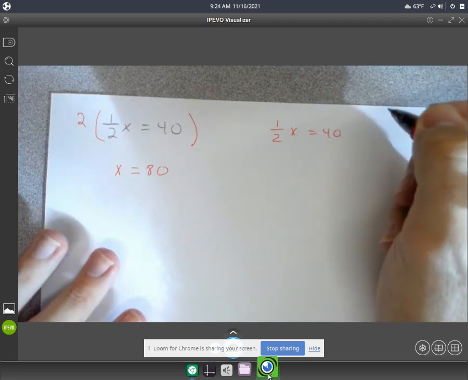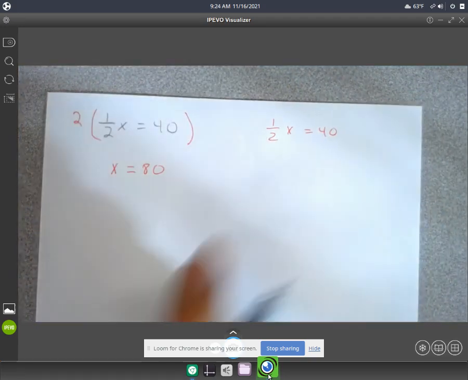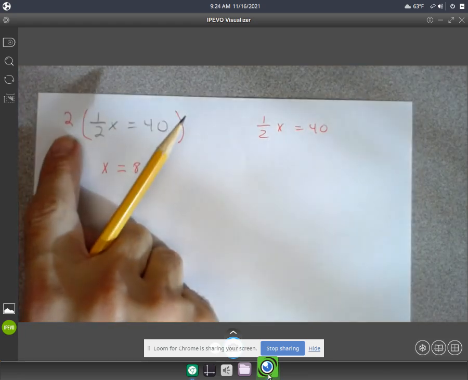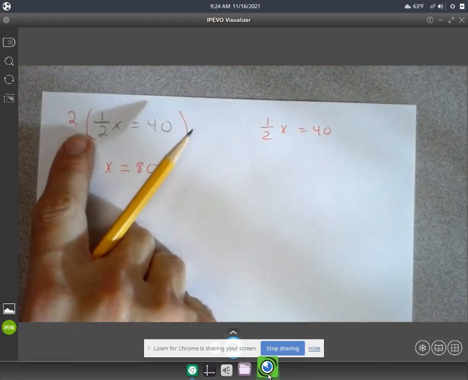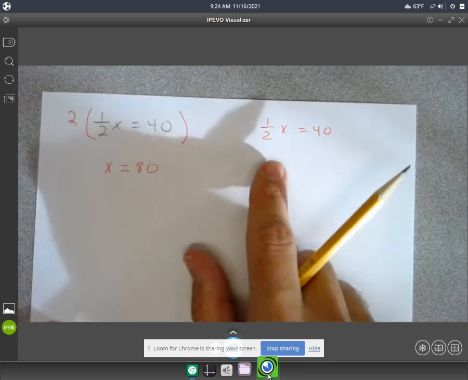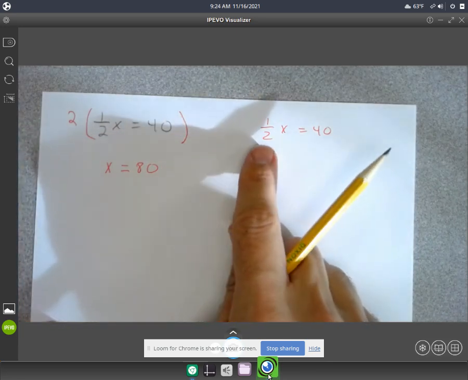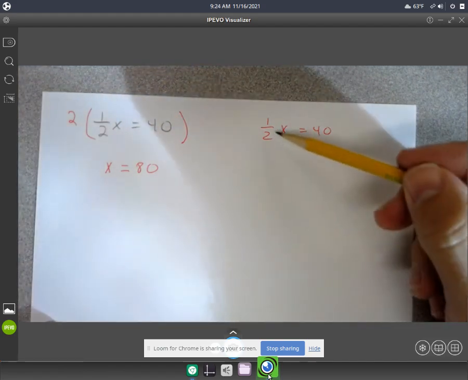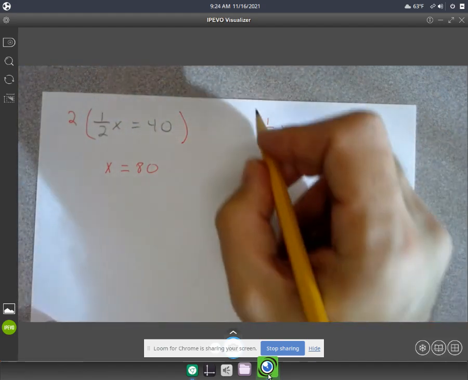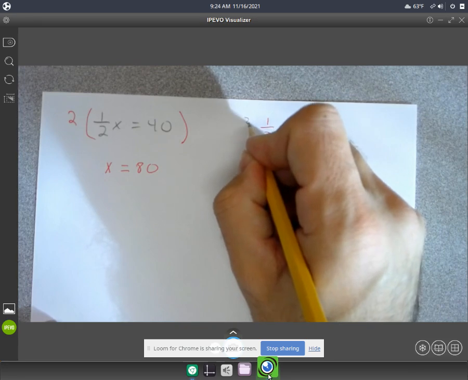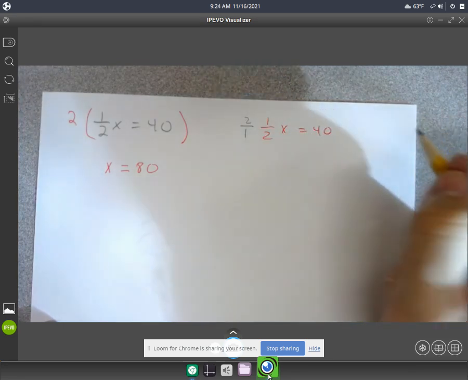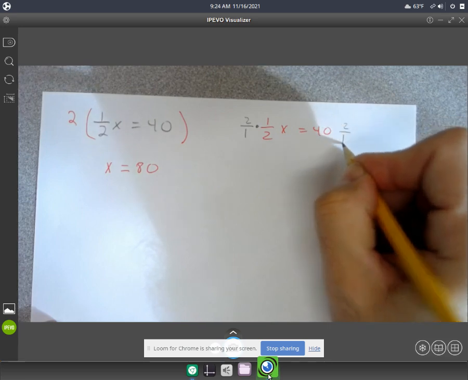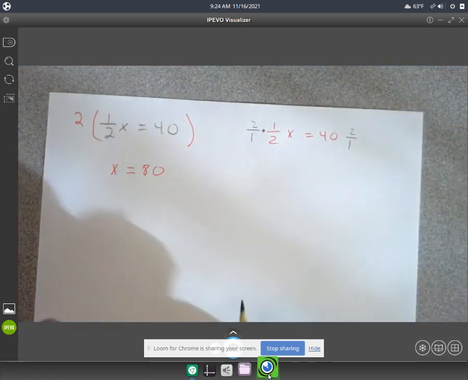Another popular way to think about how to handle fractions, instead of clearing the denominator, which I love, is to multiply both sides of the equation by the reciprocal of the fraction. So remember, the reciprocal is where you just flip the fraction. So what I can do is multiply both sides by 2 over 1, okay, or just 2.